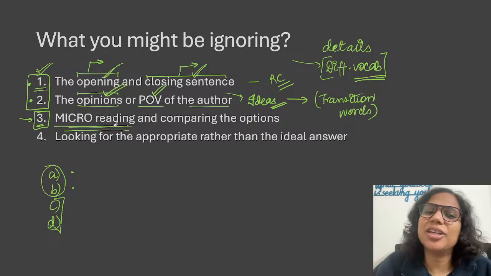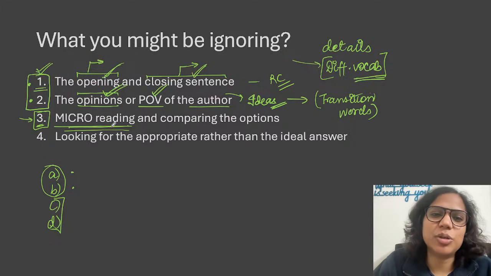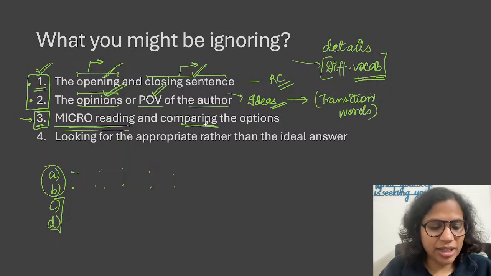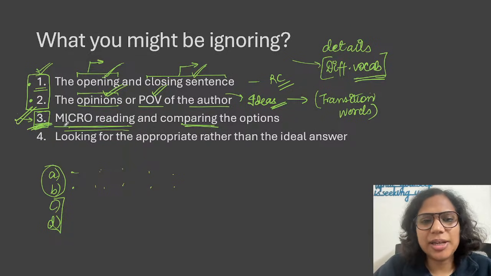No, you have to micro read. There is no alternative in a para summary question, right? So you have to compare them a little. A lot of times they'll have very similar words, so you have to compare those words and see which is the better, right? So this is again something, we will mainly practice this today, okay?